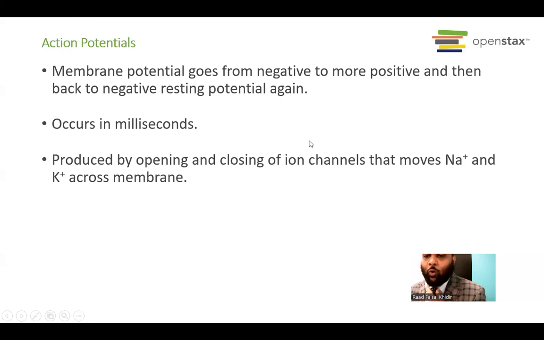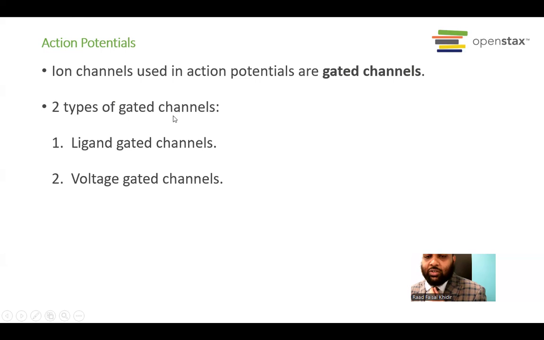They're produced by the opening and closing of the ion channels across the membrane. There are two types of gated channels: ligand gated channels and voltage gated channels. These are the ion channels used in the action potential. Does that mean we don't have thermal gated channels, mechanical gated channels, or pain gated channels?